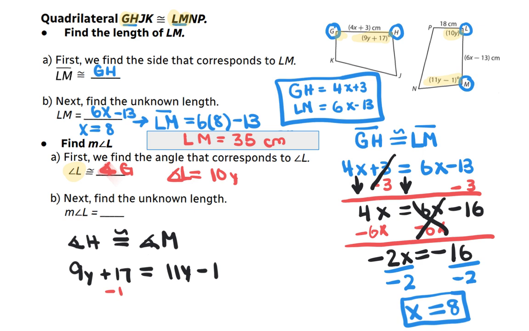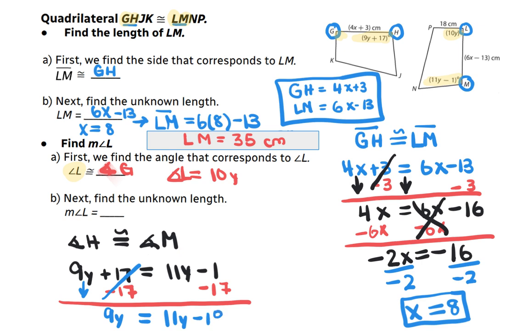So I'm going to move the 17 over to the right to be over here with this negative 1. The reason why I'm doing minus 17 is because we do the opposite operation. 9y is therefore equal to 11y minus 18. So we're not finished because we have to get y by itself.